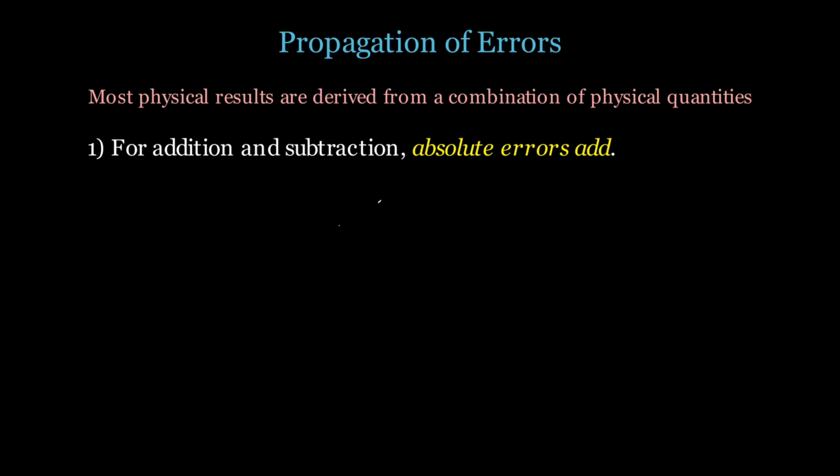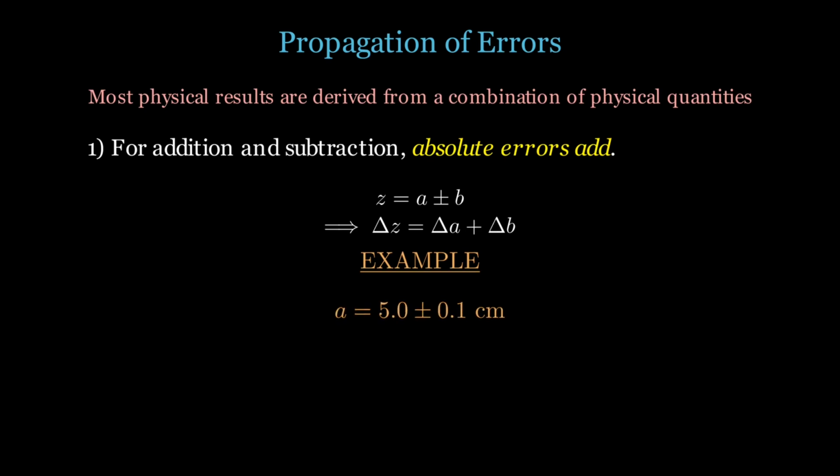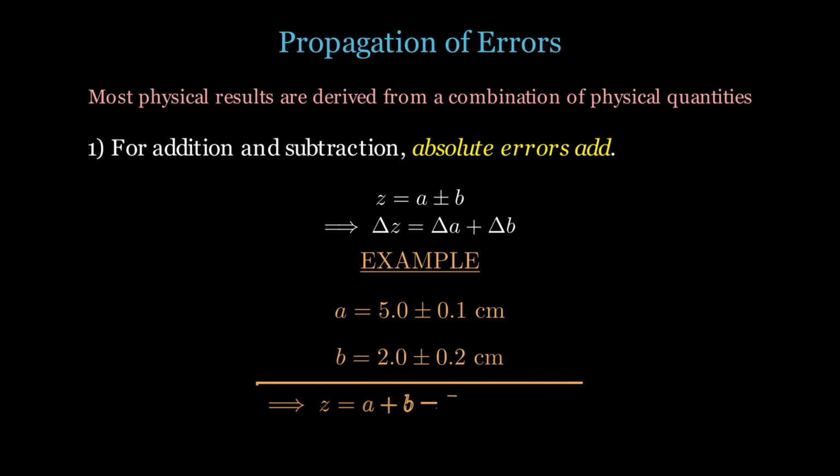So in case of addition and subtraction, absolute errors add up. For example, say we have A equals 5.0 plus minus 0.1 centimeters and B equals 2.0 plus minus 0.2 centimeters. If we calculate Z equals A plus B, we get Z equals 7.0 centimeters, and as for delta Z, it's 0.1 plus 0.2 or 0.3 centimeters.